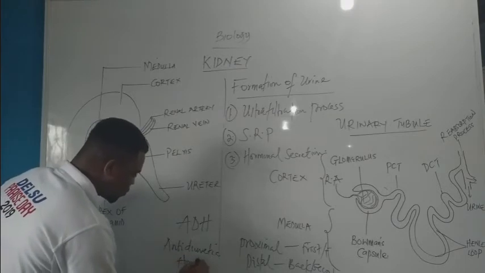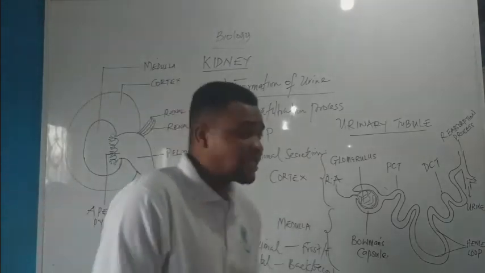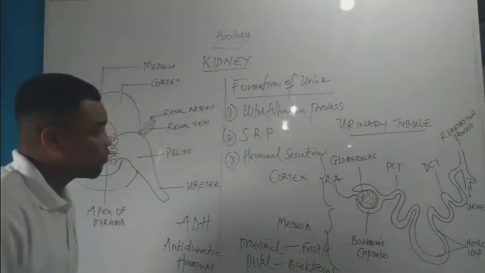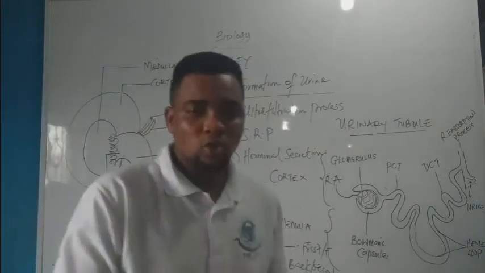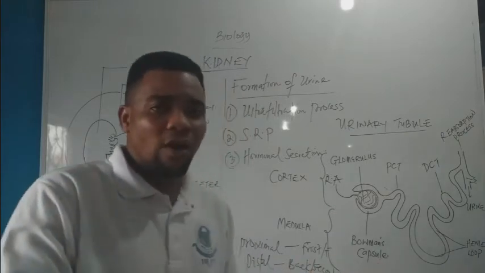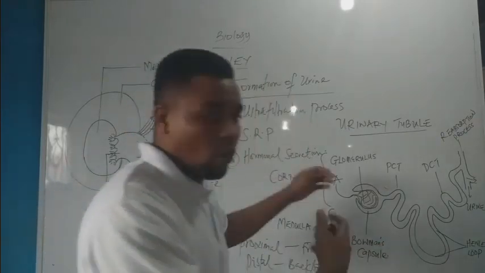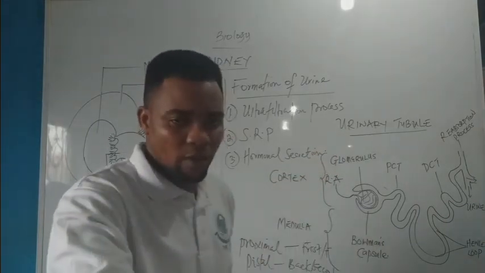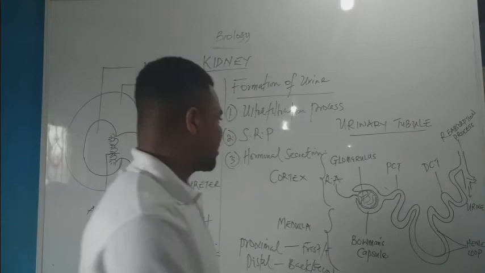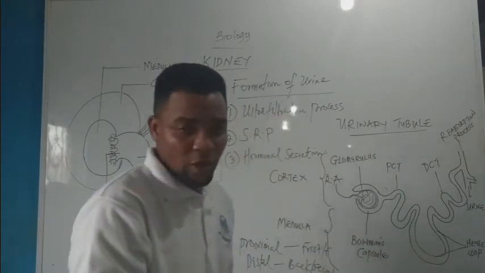Now, what is the function of the antidiuretic hormone? The antidiuretic hormone helps to reabsorb waste such as solutes, plasma solute, and other nitrogenous material back to the what? To the body, and the remaining are passed out from the body as what? Urine.